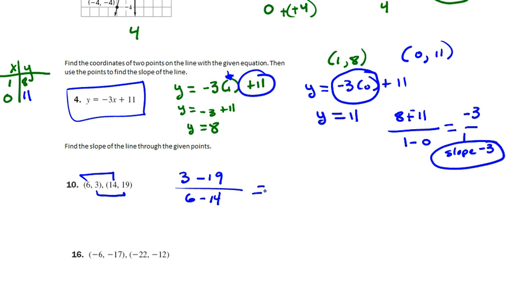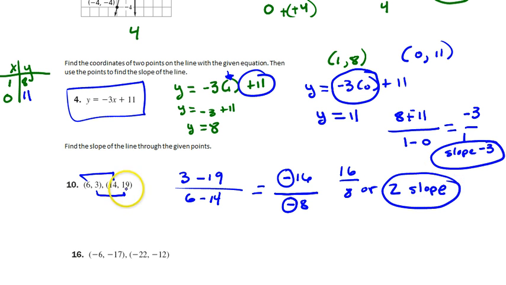Alright, this is going to give me negative 16 over negative 8. Now notice both of these are negative. Negative divided by a negative makes a positive, so I actually have a positive 16 over 8, or simplified, my slope is 2. So the slope of a line that passes through these 2 given points would be 2.